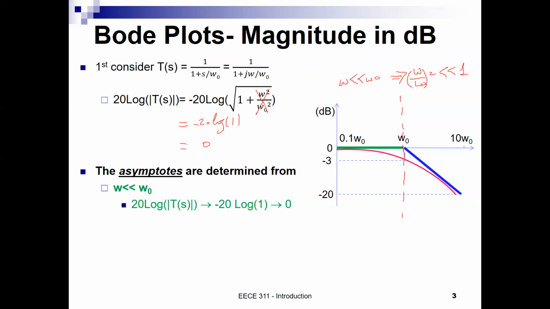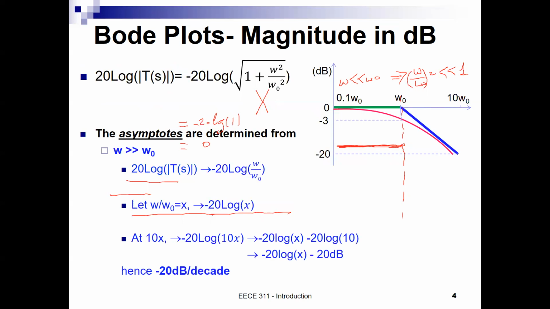Therefore the asymptotes, when ω is much smaller than ω0, this amplitude tends to 0. So we tend to represent the magnitude Bode plot by a straight line with a constant level equal to 0 dB before ω0.